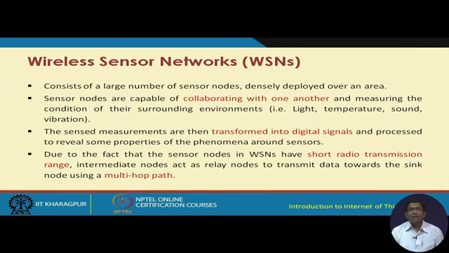Due to the fact that the sensor nodes in WSNs, wireless sensor networks, have short transmission range, intermediate nodes act as relays and transmit the data that they receive from the other neighboring nodes in a multi-hop manner until the data is received at the sink node.